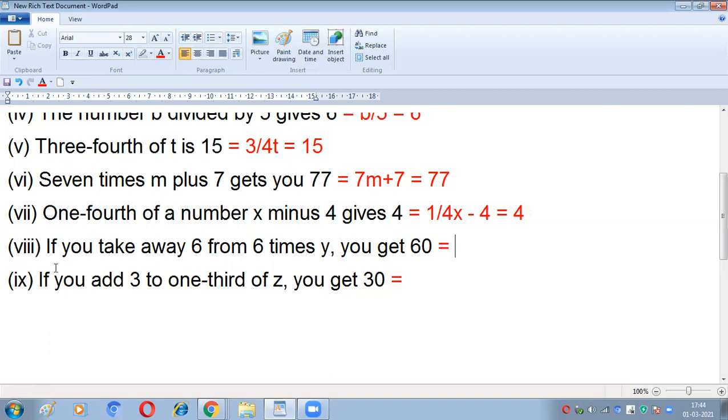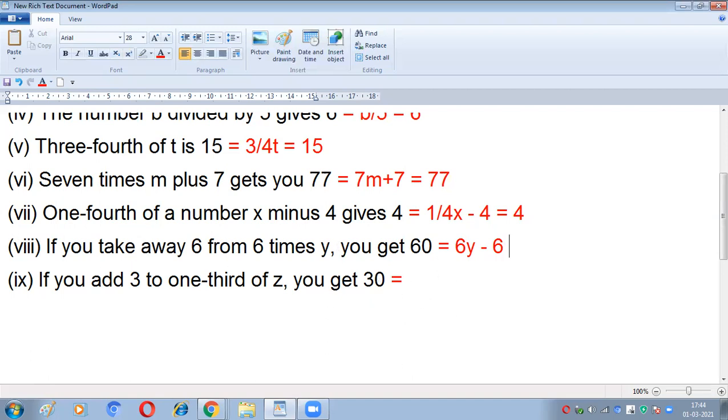So the eighth question is, if you take away 6 from 6 times y, that means 6y. 6y minus 6. If we have taken away 6 from 6 times y, you get 60.